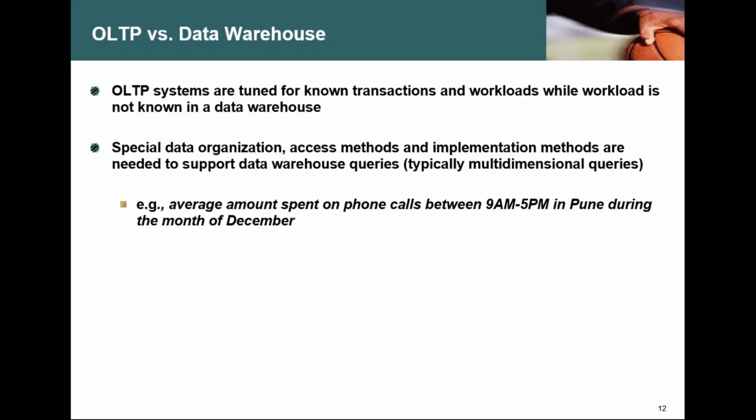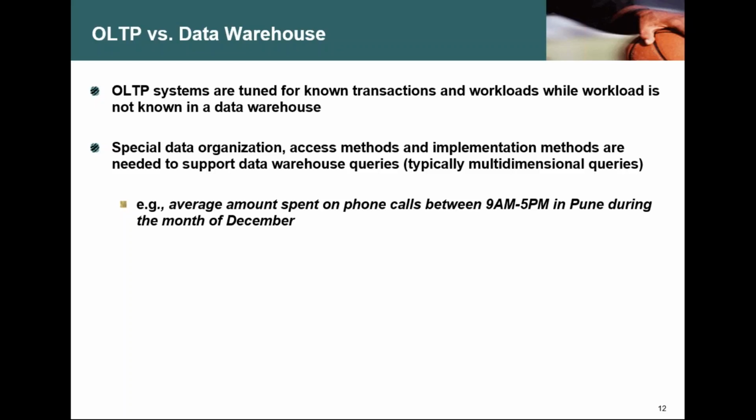So OLTP systems are tuned for known transactions and workloads, while the workload is not known in a data warehouse. I don't know what that workload is, or its intention, but let me put it in simple terms. OLTP systems, online transactional processing systems, are built to process transactional data.